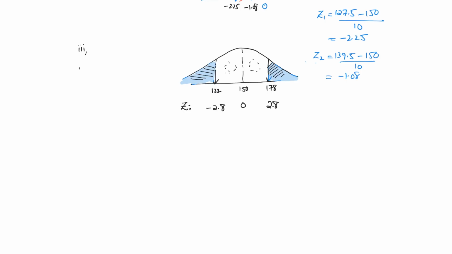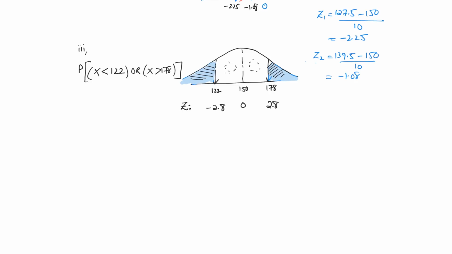Alright, so we want to find the probability of x less than 122 or x greater than 178.